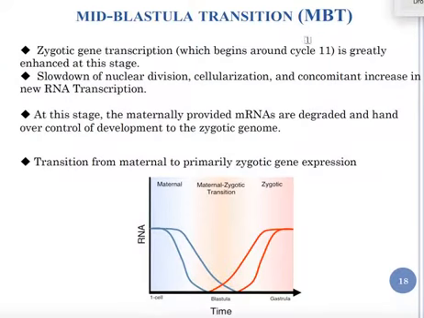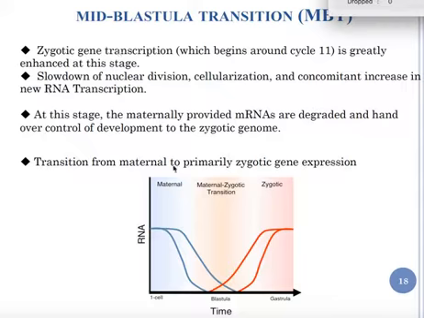So the Midblastula transition, as we mentioned, it's a stage of transition from maternal gene expression towards new zygotic gene expression. I mentioned last time that by the cycle 11, so during the syncytial blastoderm stage, we have a very small amount of zygotic genes that will start to be expressed.